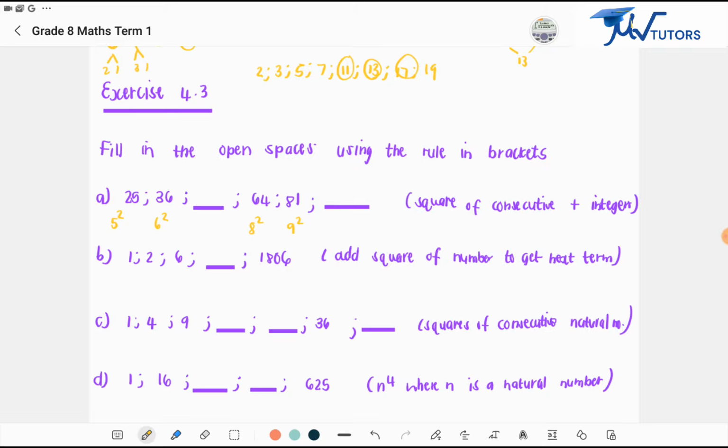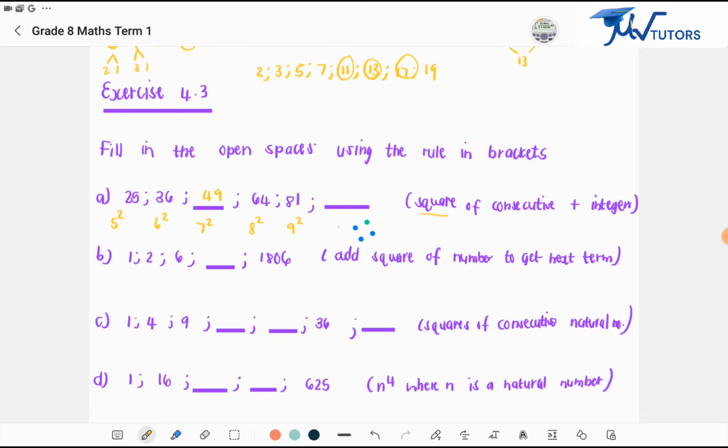Okay, so now what are we going to do here? I'll have to look at 7 squared, right? And what is 7 squared? It's basically 49. All right, so we look at the square of consecutive positive integers. Okay, so now I see here 5 squared, 6 squared, 7 squared, 8 squared, 9 squared.